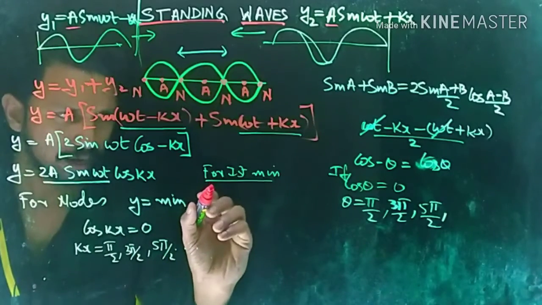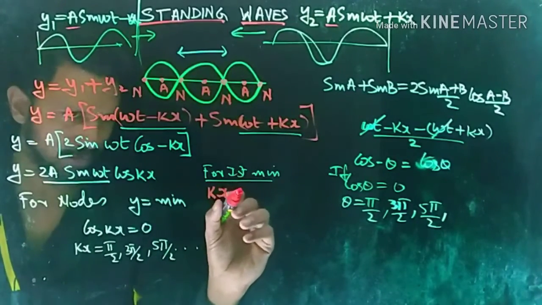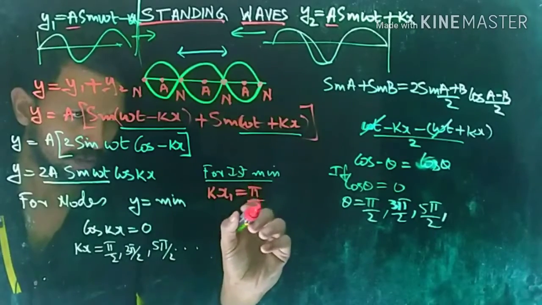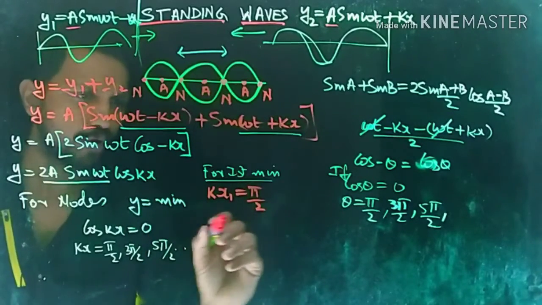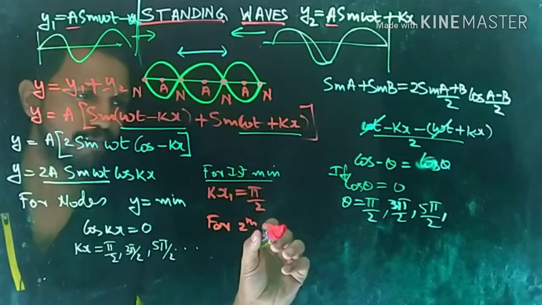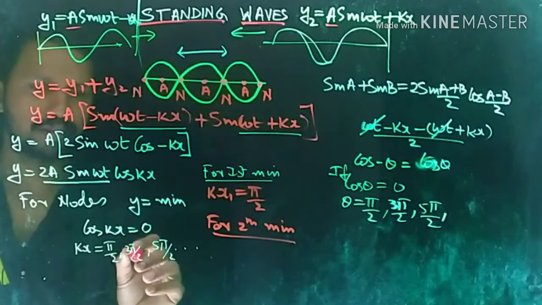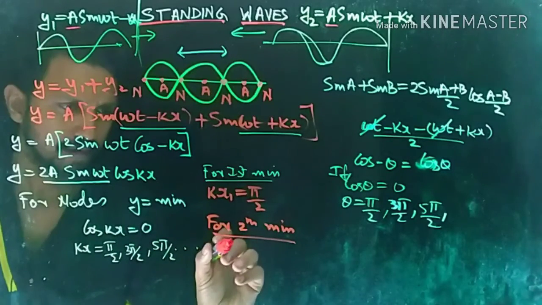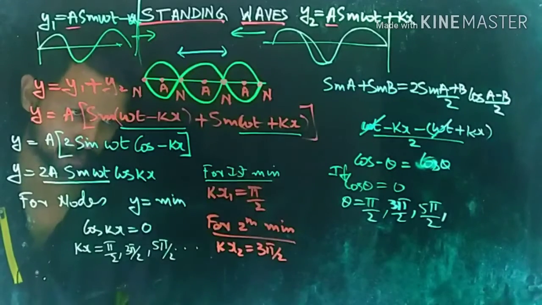Therefore, I am writing k into x1, where x1 is the first distance, is equal to pi by 2. And for the second minimum, kx should be 3 pi by 2. Therefore, k into x2 should be equal to 3 pi by 2.